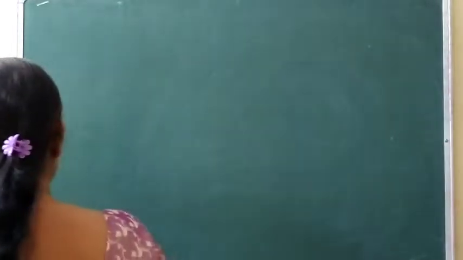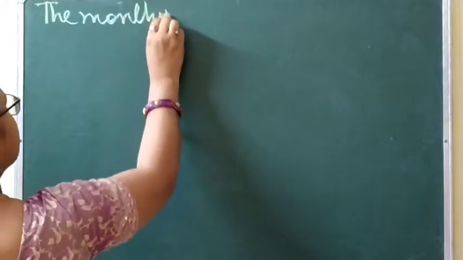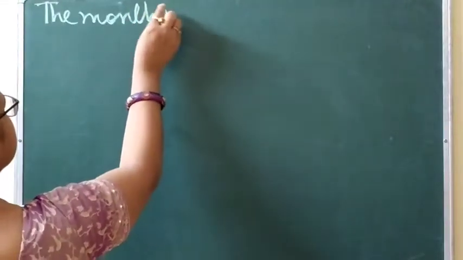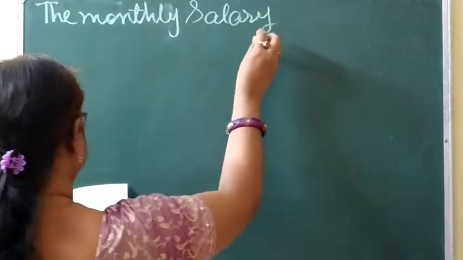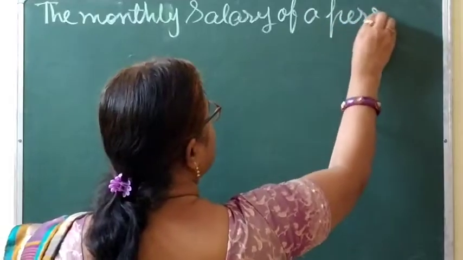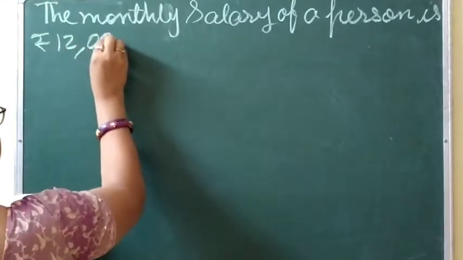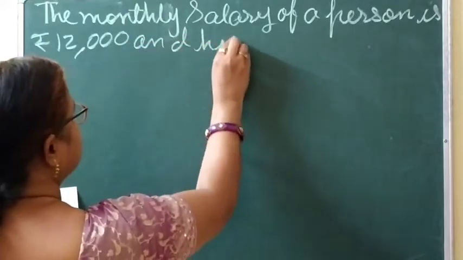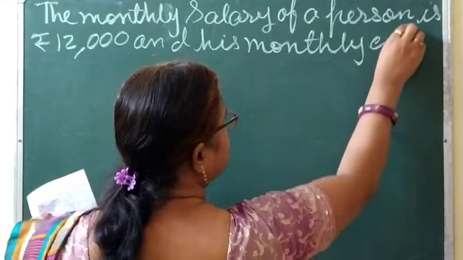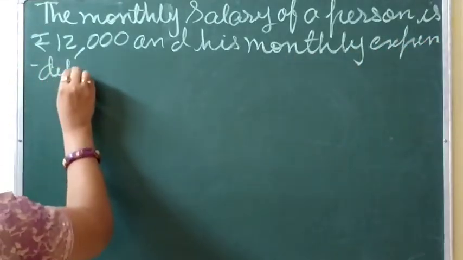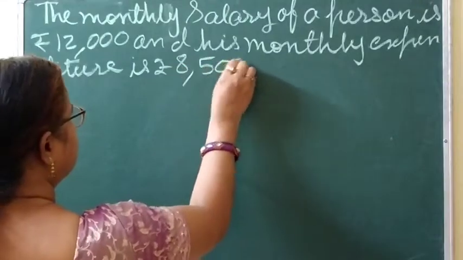Question number 1. The monthly salary of a person is rupees 12,000 and his monthly expenditure is rupees 8,500.